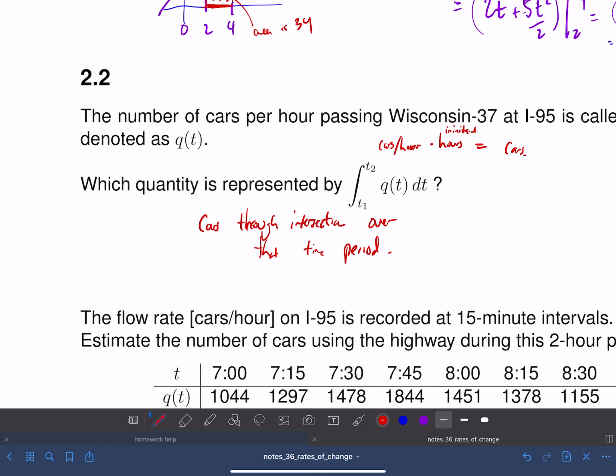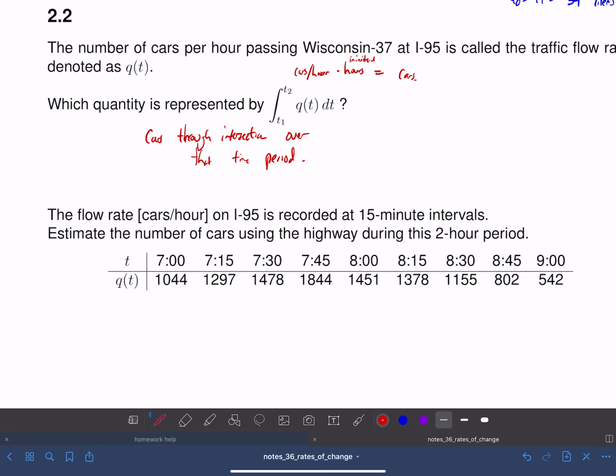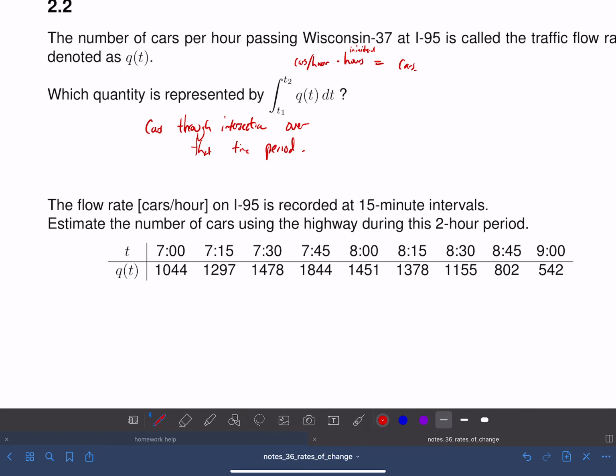I chose to do this example particularly because of the next part. So we've got the flow rate in cars per hour on 95. And let's suppose that we're recording it at 15-minute intervals, which is not unreasonable. I have read some traffic surveys from when they were redoing traffic timing in my home city in Fort Collins a number of years ago, and they did something like this.